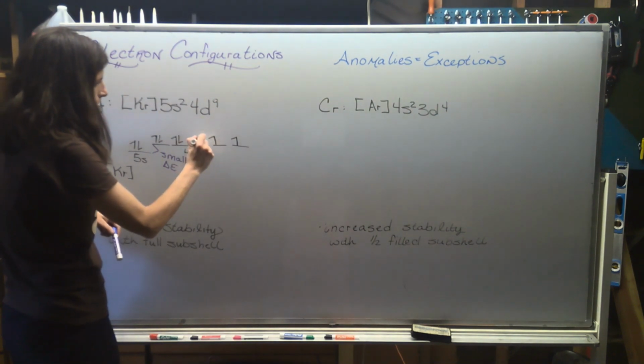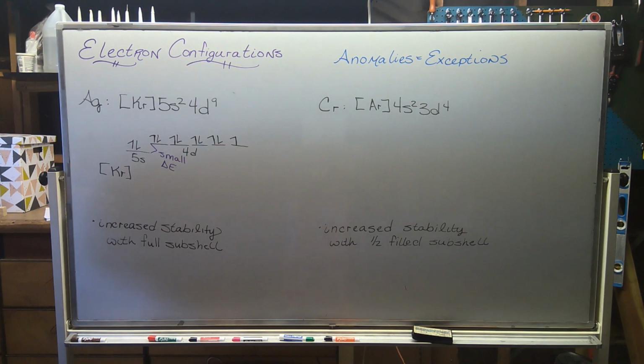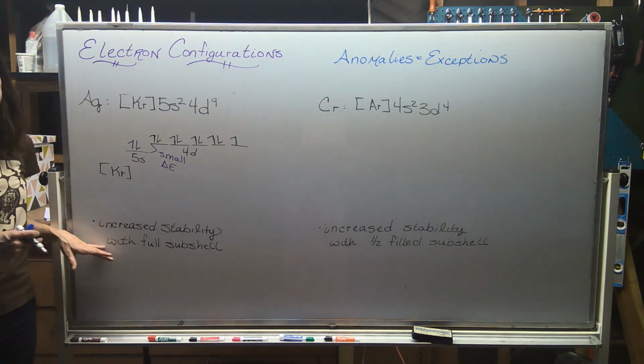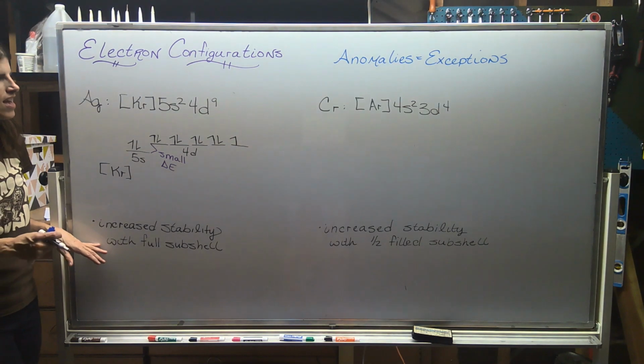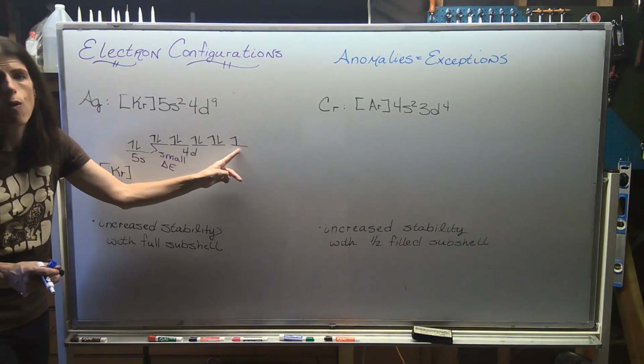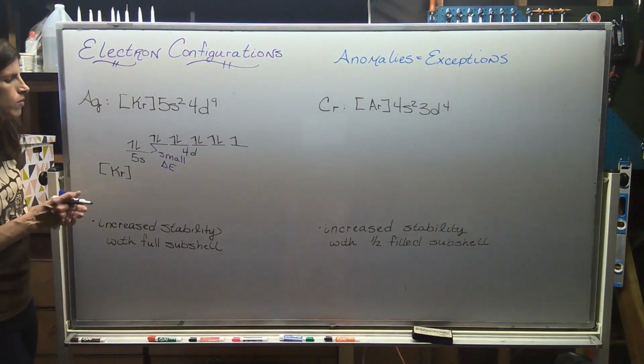So what's happening here, and why is silver an anomaly? Well, there's so much stability to be gained if you have a full subshell. And there's such a small energy difference. And the 4d is only 1 electron away from having a full subshell.